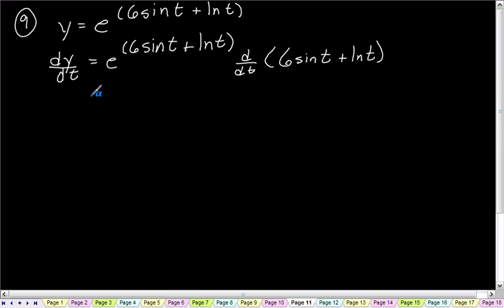Leave this the same. This is e to the 6 sine of t plus ln of t. This derivative is 6. The derivative of sine is cosine of t. The derivative of t is 1, so that stays the same. And the derivative of this is 1 over t.